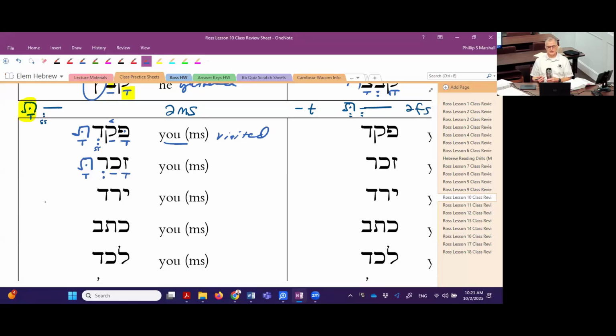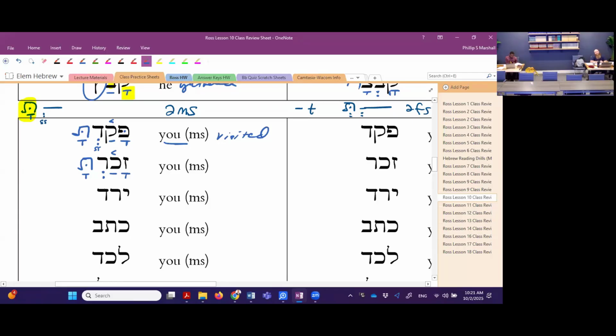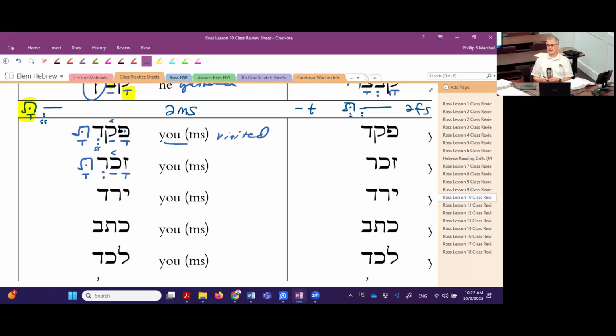Yep. Remember, root 2 wants stress, and if root 2 is not the final syllable, I need the accent mark there. If I don't have the accent mark here, I'm going to pronounce it Zakharta, but it's not Zakharta, it's Zakharta.